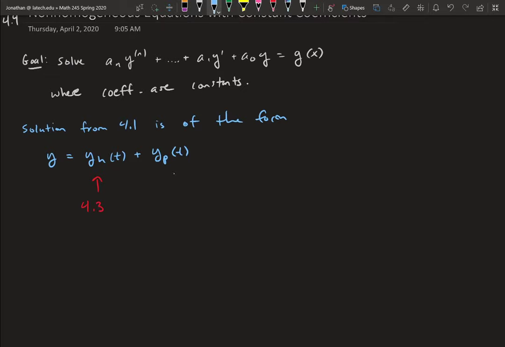How do we get y sub p? That's 4.4. So this whole section is really just devoted to obtaining y sub p.